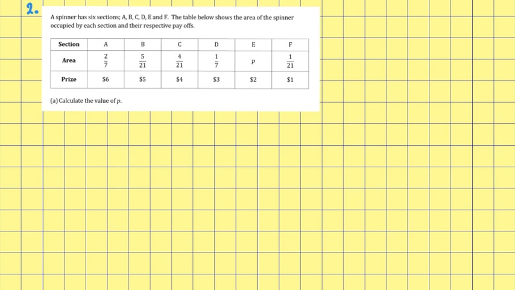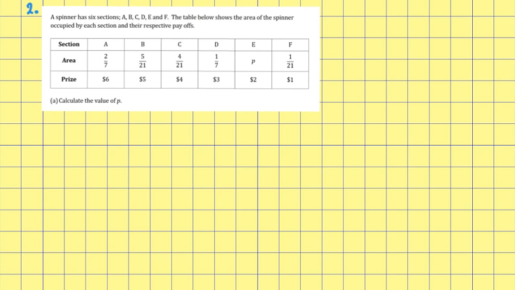Question 2. A spinner has 6 sections, A, B, C, D, E, F. The table below shows the area of the spinner occupied by each section and their respective payoffs. So section A has an area of 2/7 and a prize of $6. B has an area of 5/21 and a prize of $5.